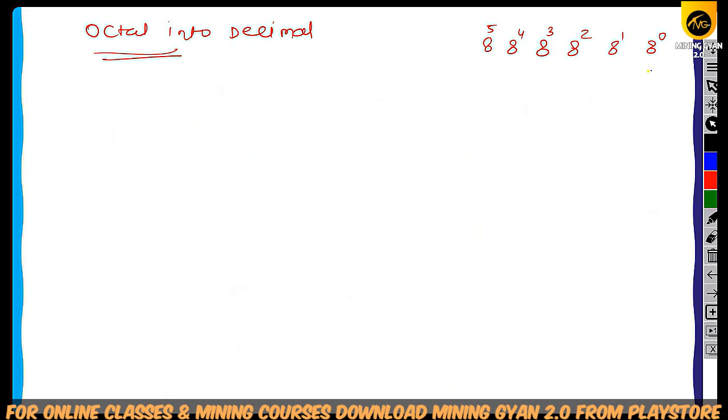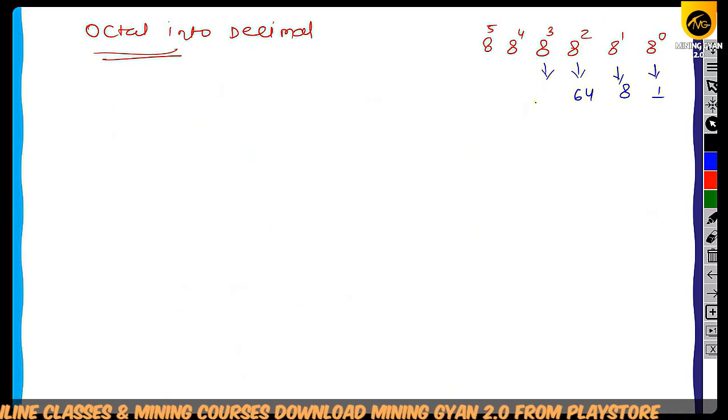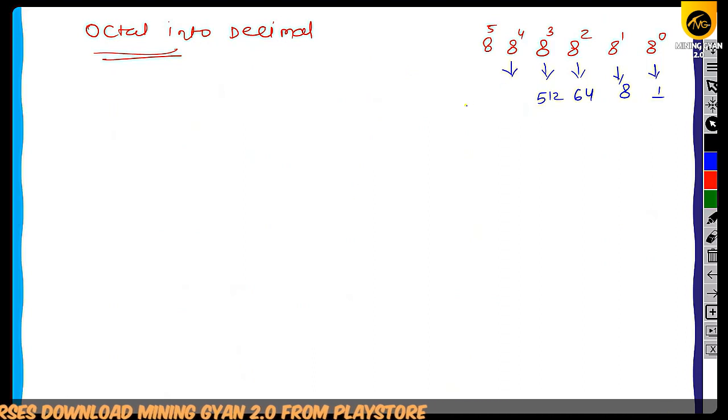Now it will become 1, then 8. Then the next number will be 64, 8 square is 64. 8 cube will be 512. Now remember 8 power 4, it will be 4096.